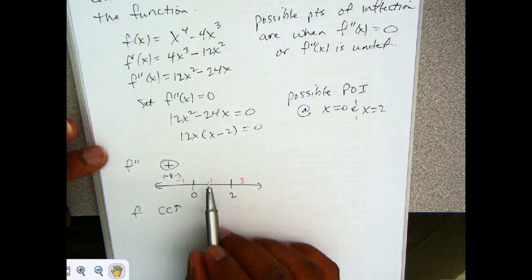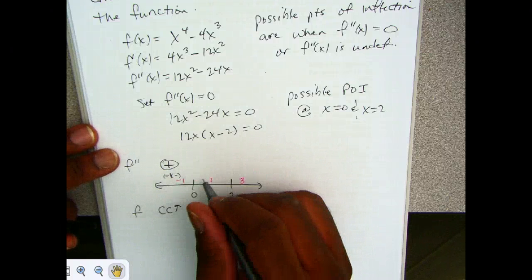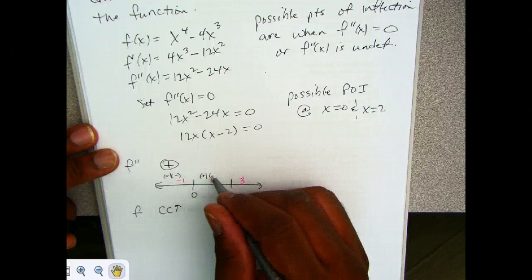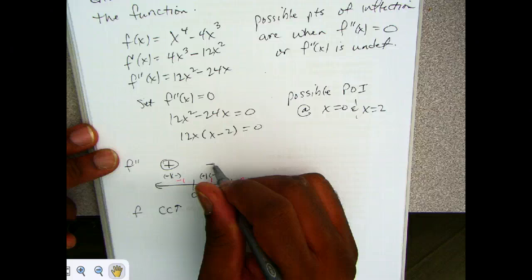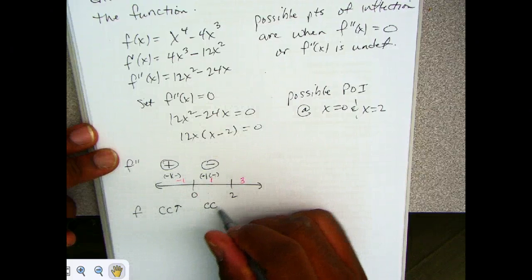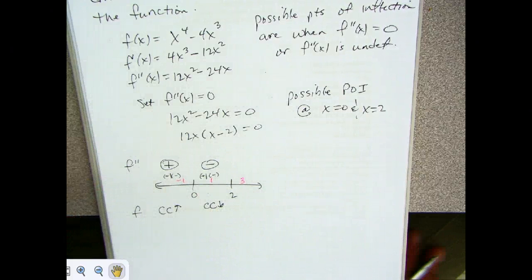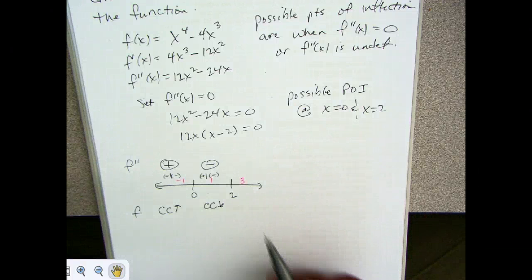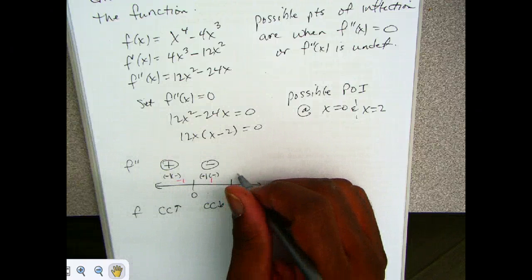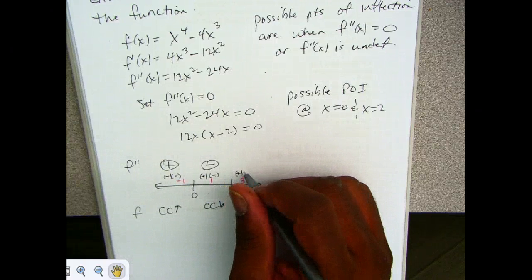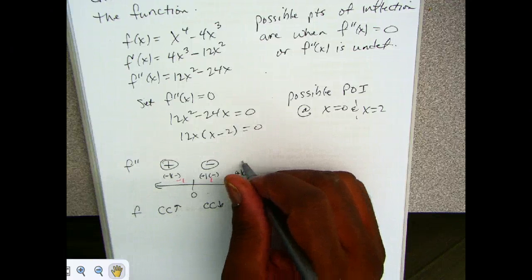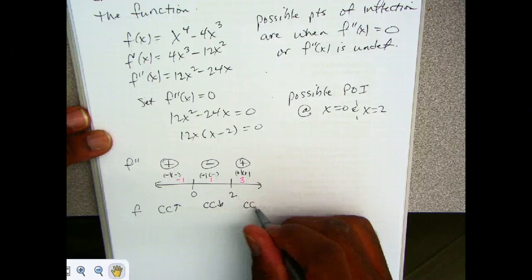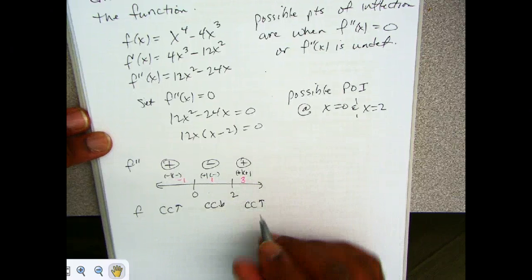From 0 to 2, we have a test value of 1. 12 times 1 is a positive. 1 minus 2 is a negative. Positive times a negative is a negative. So from 0 to 2, the graph of f is concave down. Finally, we have a test value of 3. 12 times 3 is positive. 3 minus 2 is positive. Positive times a positive is positive. So from 2 to infinity, f is concave up.